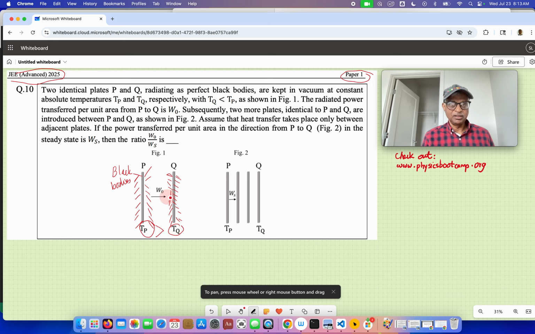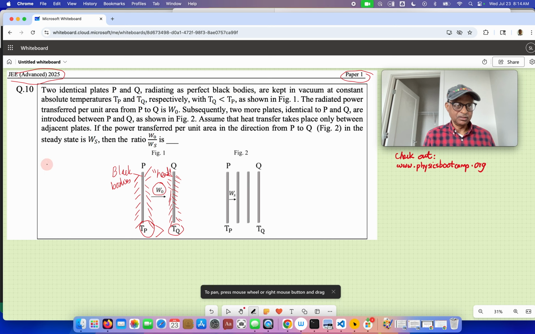So radiation, or heat, another word for radiation, will flow from here to here. And if you look at how much heat is flowing per unit time, this is power.